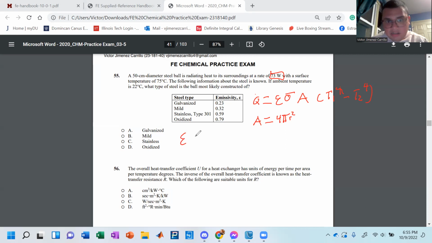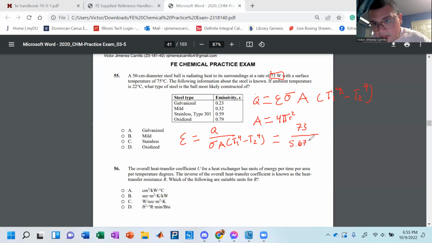So E ends up becoming Q divided by sigma A, the difference of T1 to the 4th minus T2 to the 4th. And if you plug everything in, the beautiful part is that Q is 73. Sigma is that 5.67 times 10 to the negative 8th. It is in the handbook. I didn't make this up. I wouldn't even know what it was.